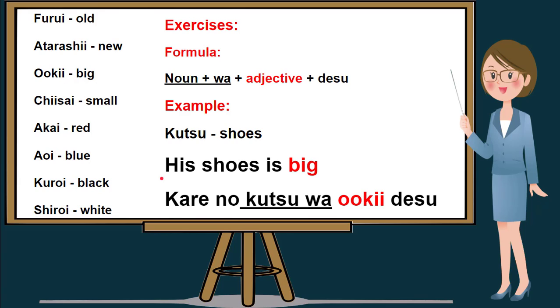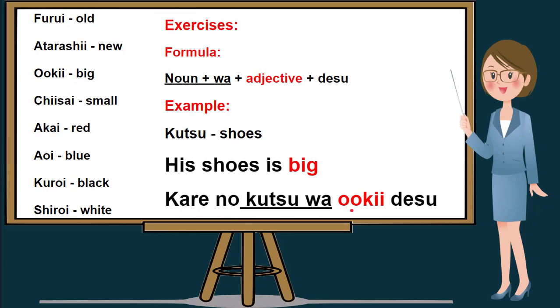Very good. His shoes is big in Nihongo is, let's try to translate word by word. His in Nihongo is kare no. Shoes is kutsu. Of course, from our formula, noun plus wa will be kutsuwa.